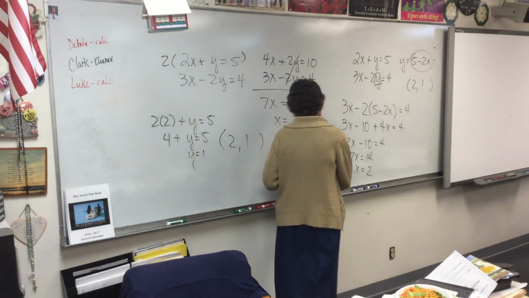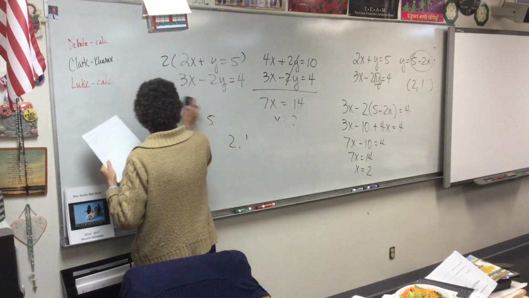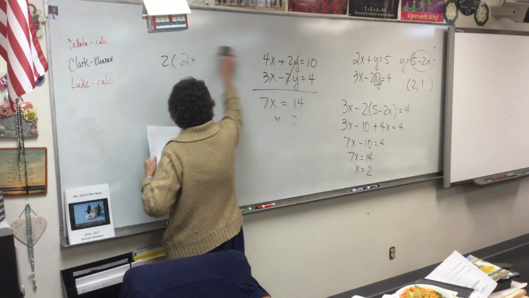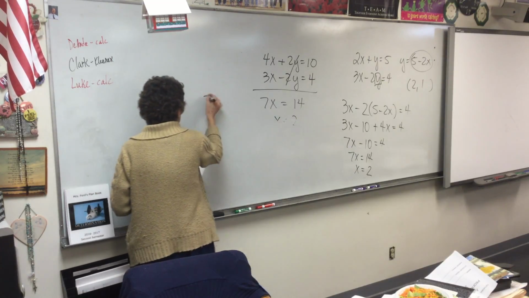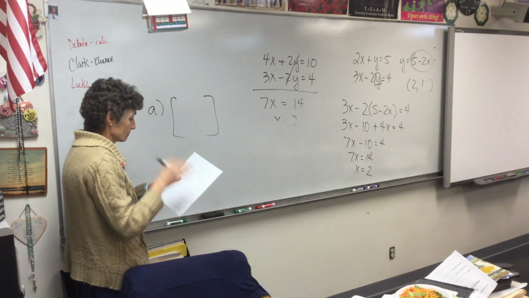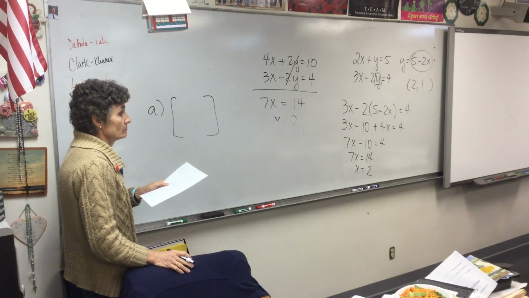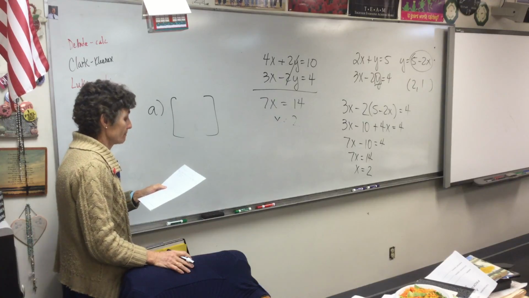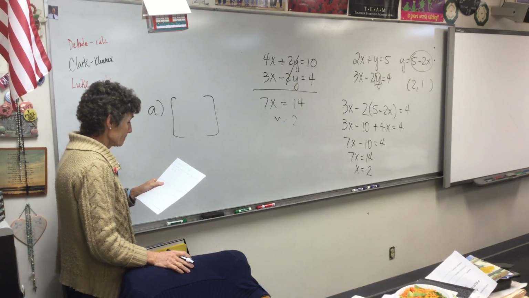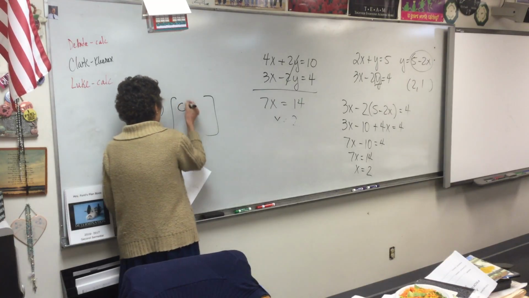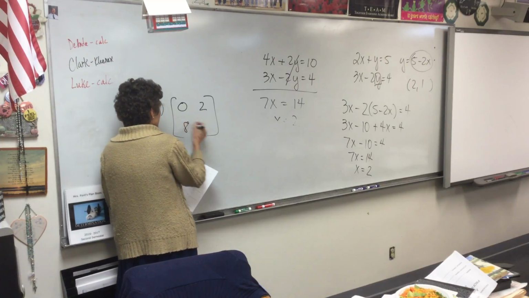A plus B. Now I'm doing some matrix arithmetic. What will that be? A plus B. Oh, this is supposed to be easy. A plus B. Uh-huh. 1, 0, 0, 2, 8, and 10.